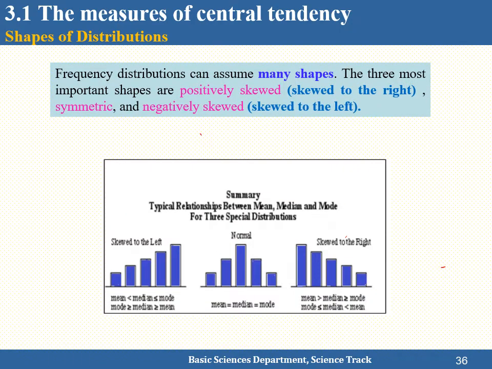They might have many shapes, and the 3 most important shapes are positively skewed graphs, or skewed to the right, symmetric graphs, and negatively skewed, or skewed to the left, graphs. Now, when we say positively skewed, we mean right skewed.